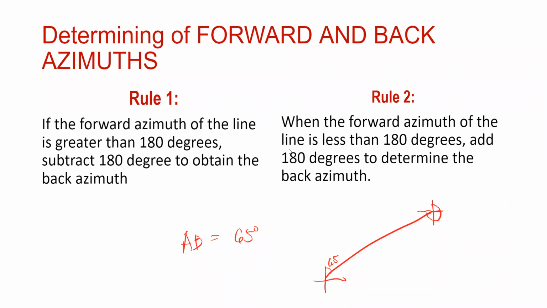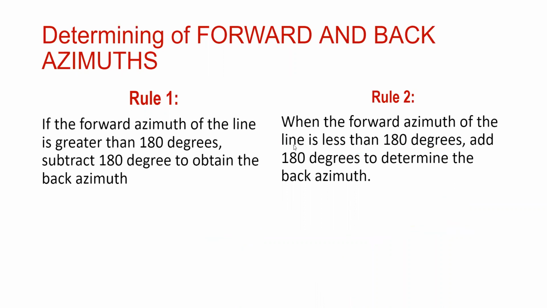So ito, as you can see, this is your 180 degree and ito is your 65 degree. Etong angle na to will be also equal to this angle. So para makuha mo yung back azimuth, magdadagdag tayo ng 180 if yung forward azimuth natin is less than 180 degrees. Okay?